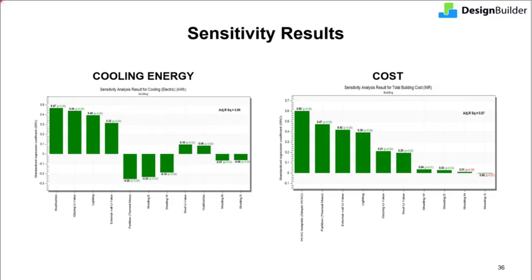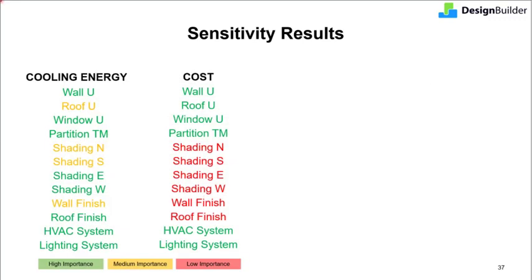These are the sensitivity analysis graphs for design objectives of our last case study. One for cooling energy and another one for cost. They show which variables are more important than others for each of the objectives, ranking them in order of importance. This list summarizes the importance ranking.